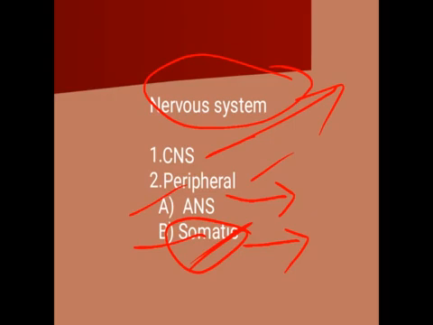So the beating of the heart, the movement of cardiac muscle, their contraction, relaxation, is not in our hands. We cannot control all these movements. Such movements come under the autonomous nervous system, and such movements are called involuntary movements.